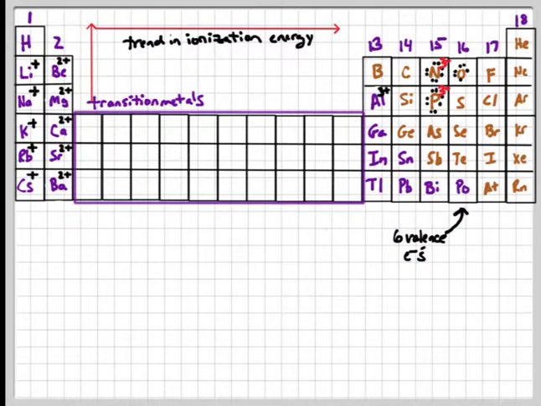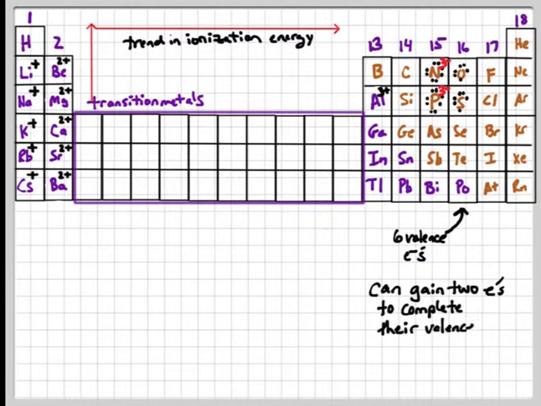Oxygen has 6 valence electrons and therefore 2 open spots from which it can take electrons from metals in forming ionic compounds. Sulfur is the same. Sulfur has 6 valence electrons. So both of those with their 6 can gain 2 electrons to complete their valence set.